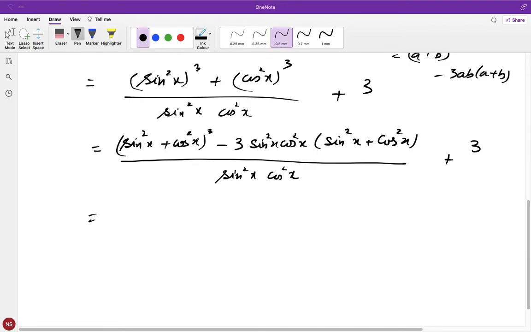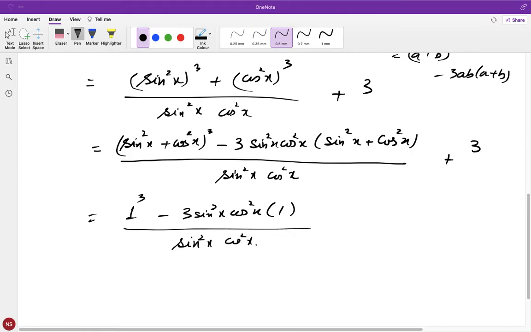Now what is this? Sine square plus cos square is 1, so 1 cube minus 3 sine square x cos square x. This is also 1, right? Sine square plus cos square plus 3. Now I want to take LCM again.